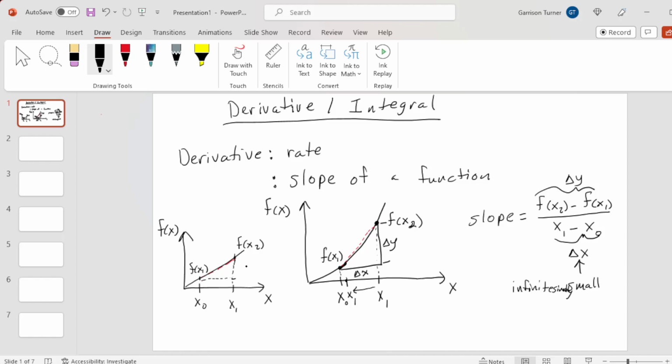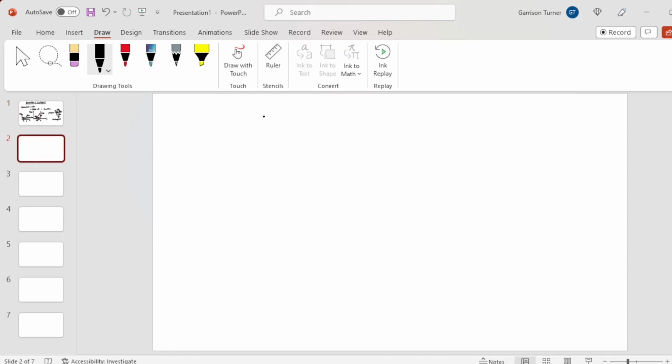Okay, so we still have this, right? And we will still have delta x. Well, if we truly make this infinitesimal, then here's the way that math books would define this.